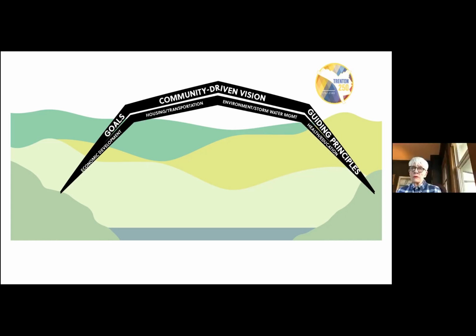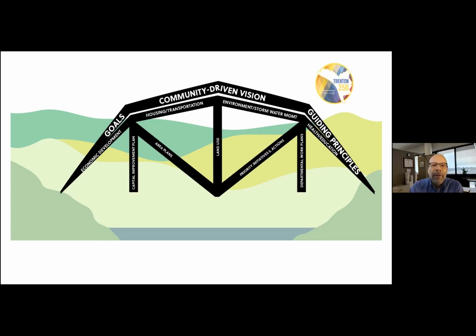I also mentioned how there are different lenses that we create the goals from to help support the vision. And then there are these different tools, plans, actions and initiatives that are meant to support the overall vision and the master plan specifically.